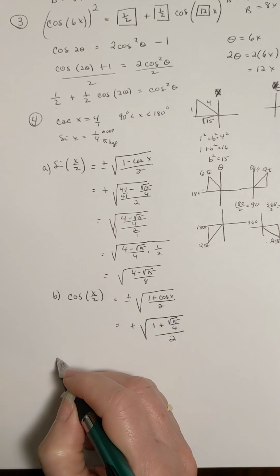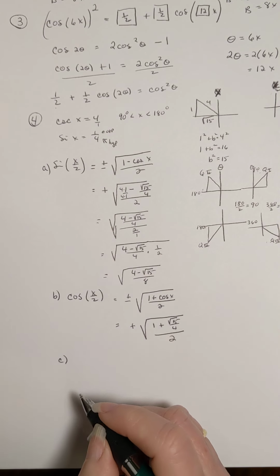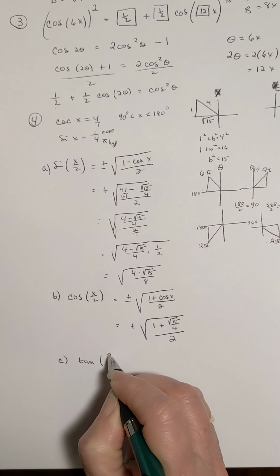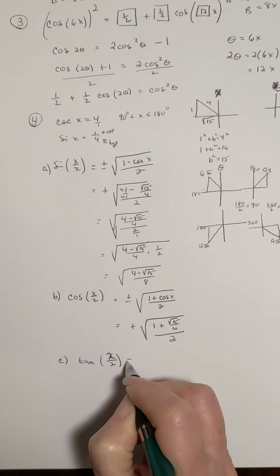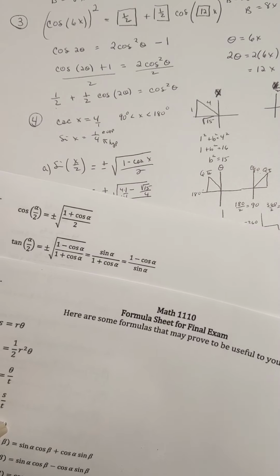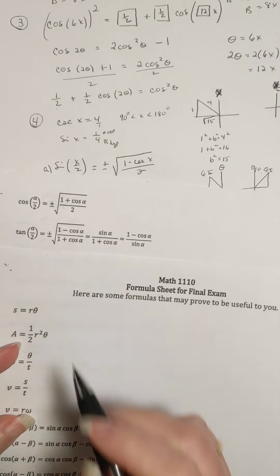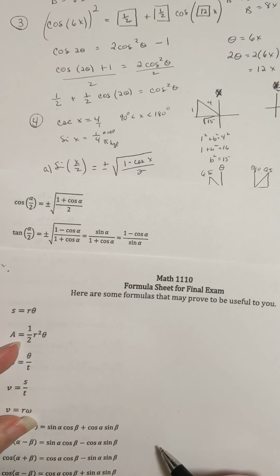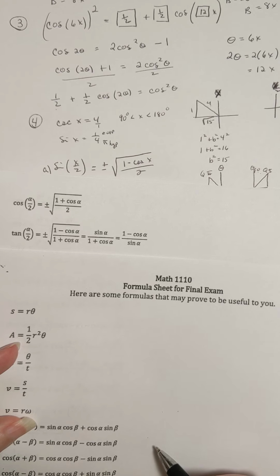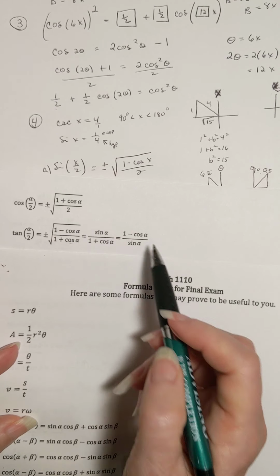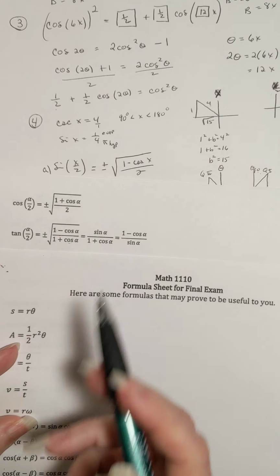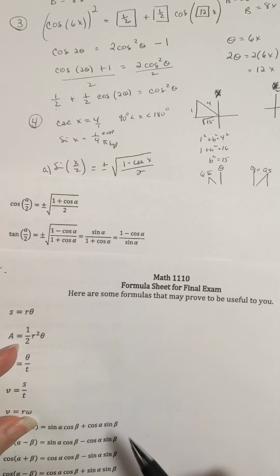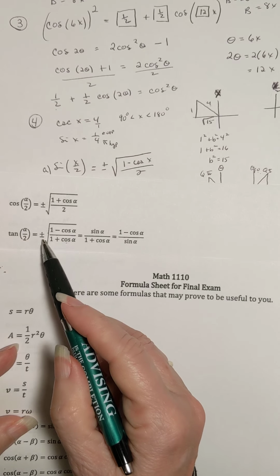All right? And then part C says, what is the tangent of x over 2? And so for the tangent of x over 2, I can use any of these that I want. So it doesn't matter which ones you use. And if you do the decimal approximation, it's hard to simplify them all to the same thing, but if you use a decimal approximation, you'll see that they're all the same. So I'm just going to go ahead and use this one. And again, it's plus or minus.